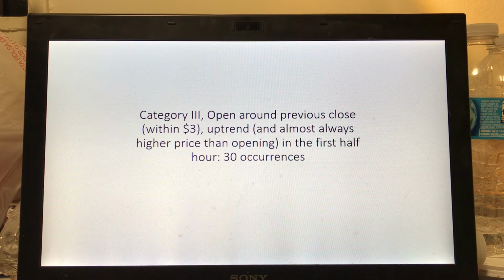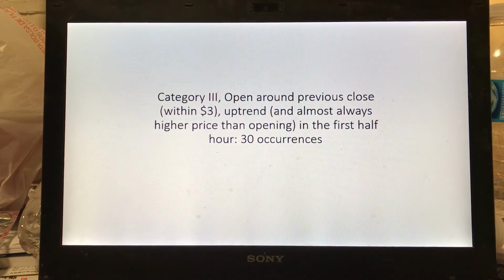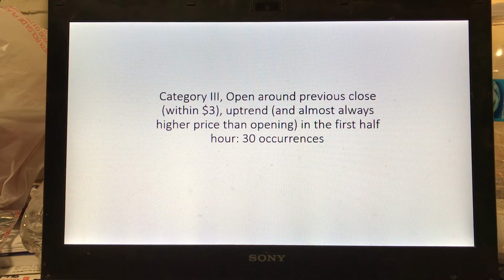Okay, so the third category, the next several categories, is that the stock opens around the previous close price, which for Amazon stock this year should be within $3. And you can see an uptrend and almost always a higher price than the opening in the first half an hour.